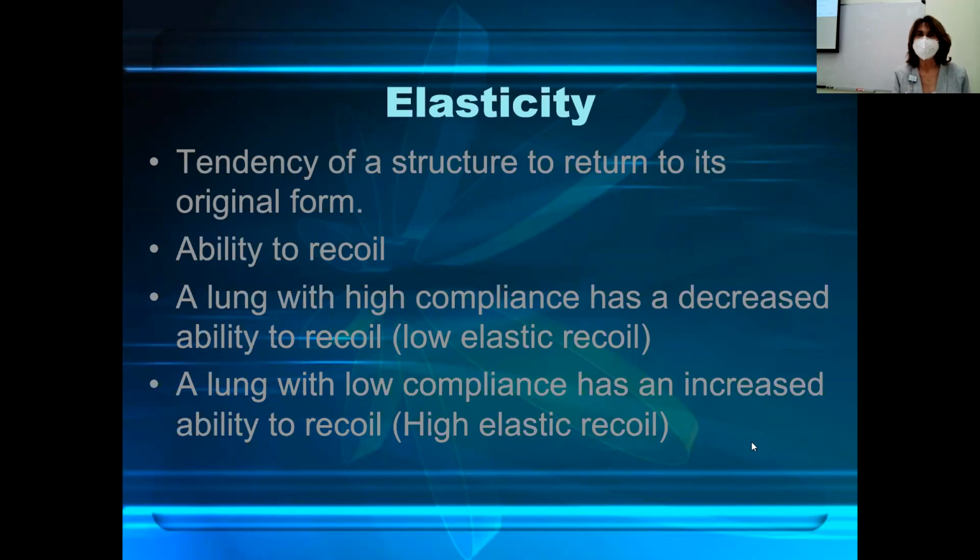Patients that have lung disease like emphysema, some COPD, their lungs can inflate very easily, but the bad part is they just don't go back to their shape. They retain a lot of volume. There's a lot of air trapping in their lungs because the lungs just don't recoil back to the way they should be.